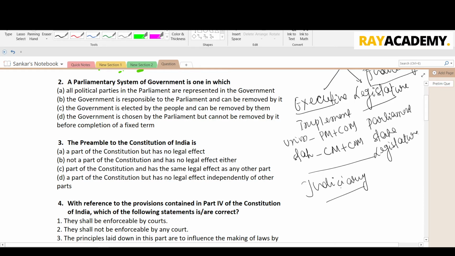Majority of the students do this wrong. Judiciary is not federal. That means Supreme Court is not of union and high courts are not of state. Remember this point. Judiciary is integrated. When I teach you the chapter, I will cover this topic. Why is it integrated? One high court's jurisdiction can extend to various other states as well, like Guwahati High Court.